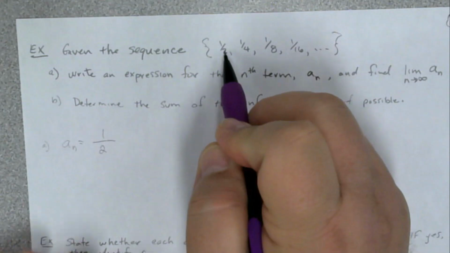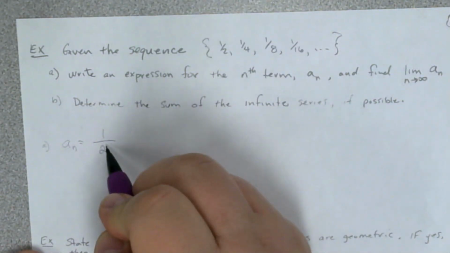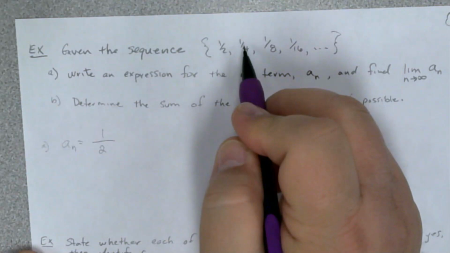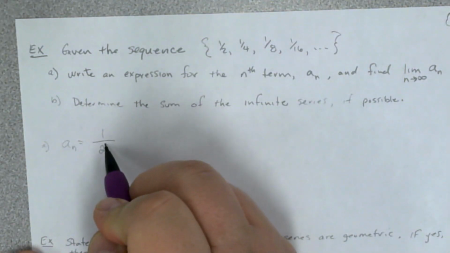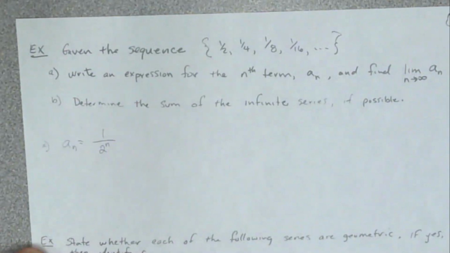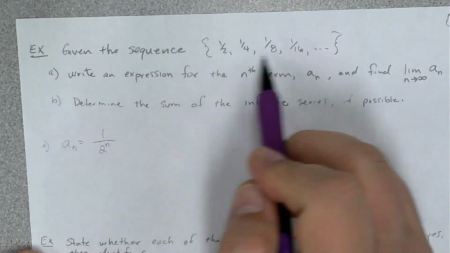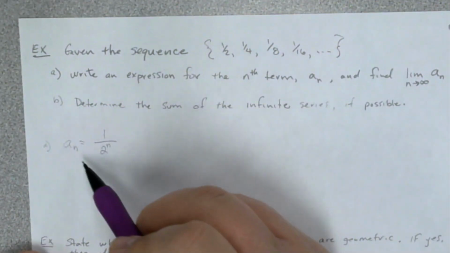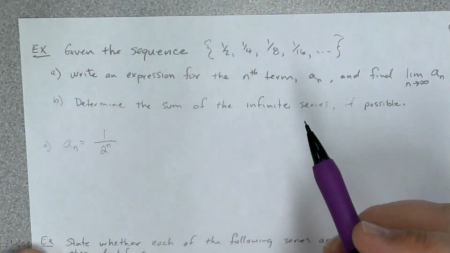I'm in the first term here, so I have to get a 1 here. I'm in the second term here, so I have to get a 4 here. So it just has to be whatever the term number you're on. So the general term of this sequence, a sub n, is 1 over 2 to the n.